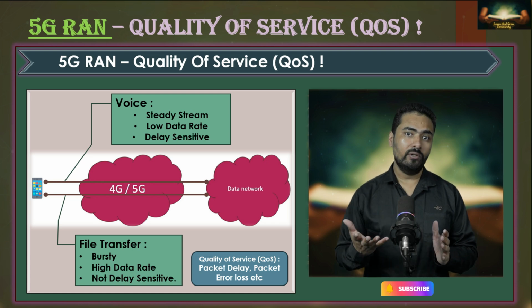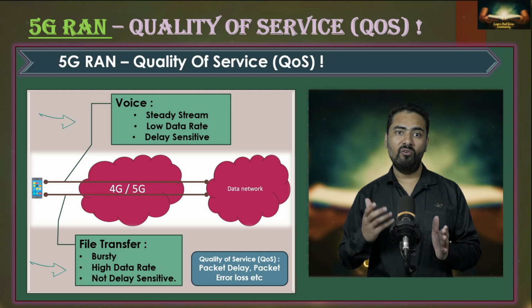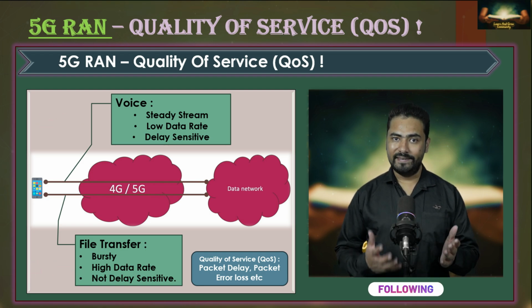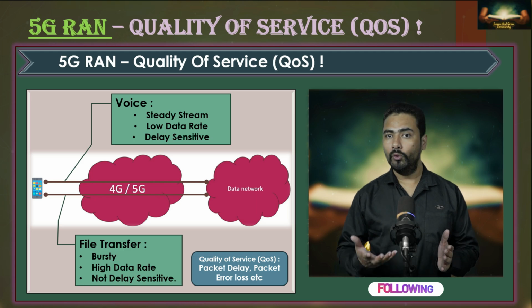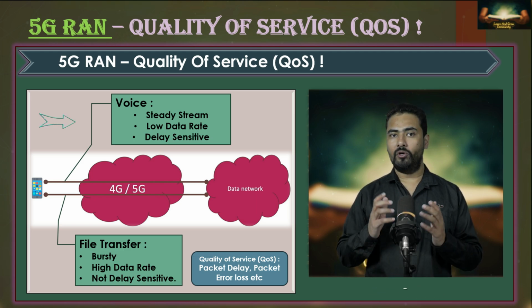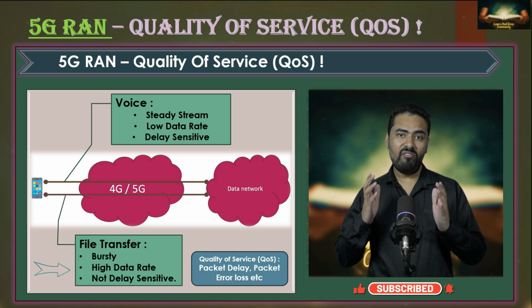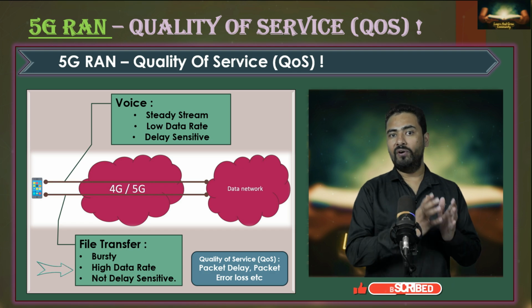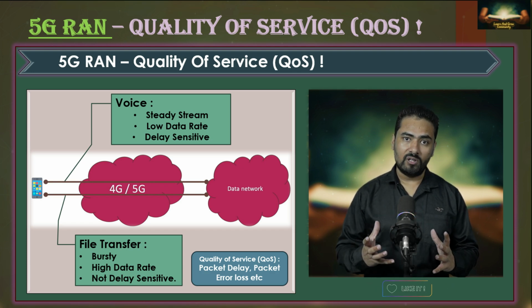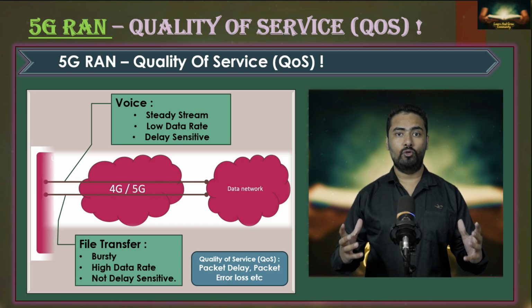Sometimes even a single user device may need multiple connections simultaneously, each for a different type of traffic, such as voice, video, and data services. For example, when a user device or UE makes a voice call, it needs a continuous delay-sensitive stream for data, but that requires a relatively low data rate. But for some heavy file transfer, the UE requires a different type of connection, which can handle bursty data traffic. So this type of service is less sensitive to delays, but should offer higher data rates, right?